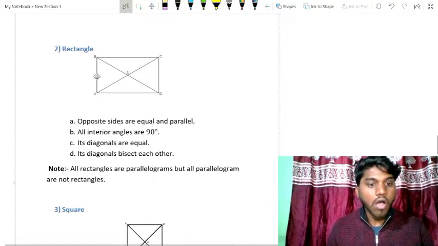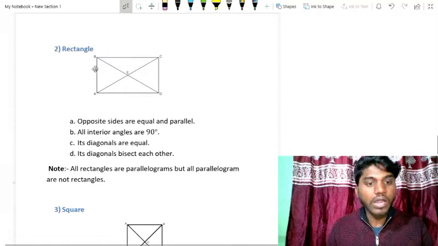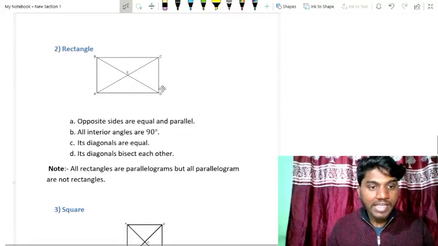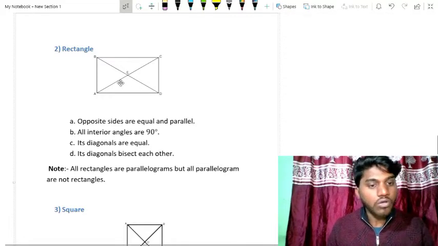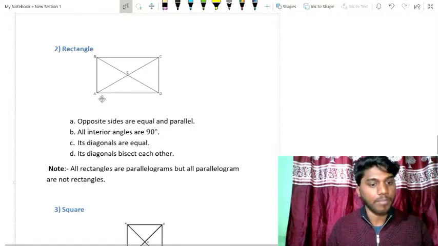All interior angles are 90 degrees, which means angle A, angle D, angle C, angle B are all 90 degrees. Its diagonals are equal: AC and BD are the diagonals, and they will be equal. Its diagonals bisect each other, and BE is equal to EC is equal to ED is equal to EA.